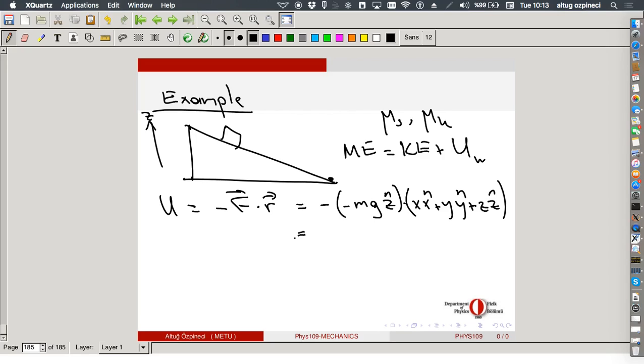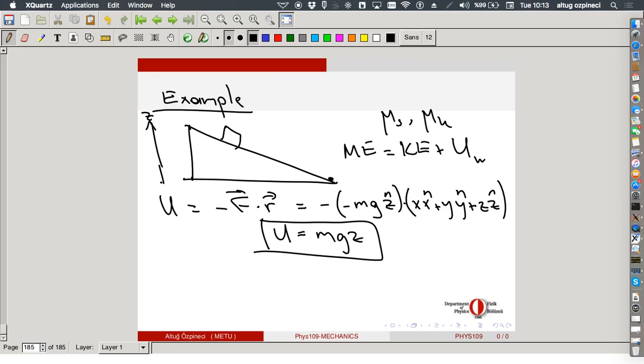Multiply the z component of the force with the z component of that vector, and that gives you mg times z. We said that the potential energy is defined up to a constant. I can add a constant over here, but I'm free to choose that constant, whichever value I like. So I just chose that constant to be 0.